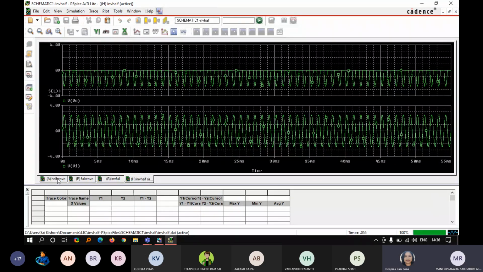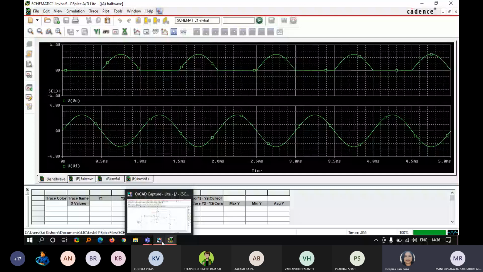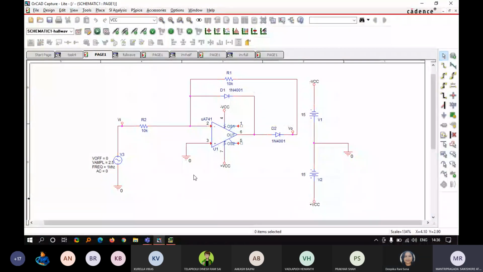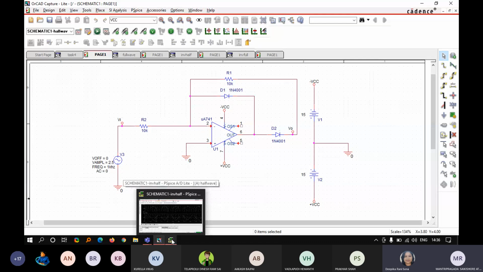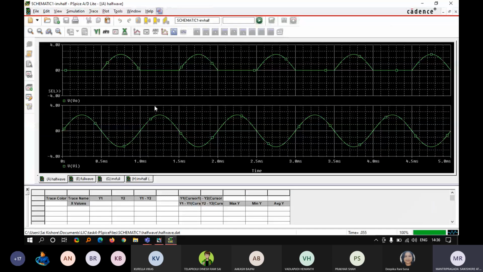Wait, Sai Kishore, first show me the non-inverted one, both sides, half wave and full wave. Yes, ma'am. So this is half wave, non-inverted. This is V input. This is the V out.